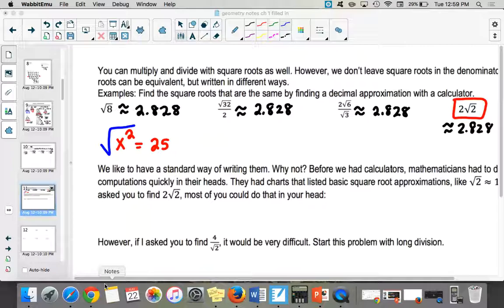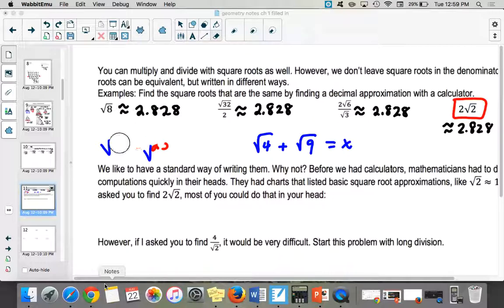But if we take the square root, I'll often say, when you take the square root, write plus or minus. So if you're the one taking the square root, you write plus or minus. But if you have a problem that has like square root of 4 plus square root of 9 equals x, that would just be 2 plus 3 equals x, which would then be 5. Does it make sense? You automatically take positive in that case if the square root's already there. We talk about that a lot in Algebra 2.